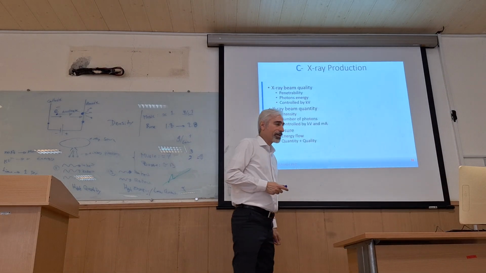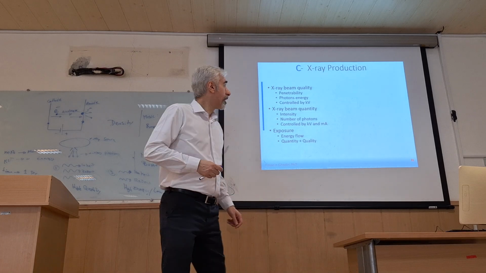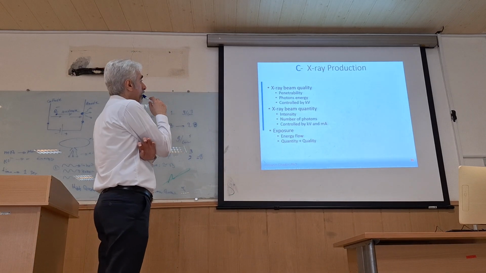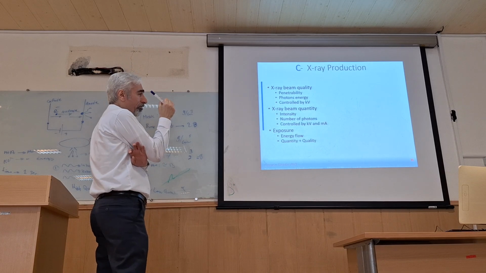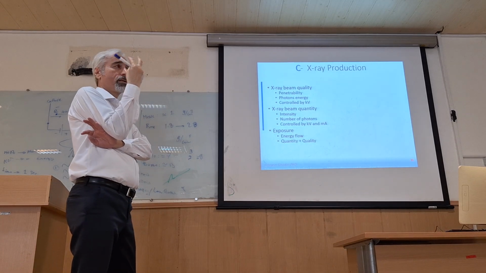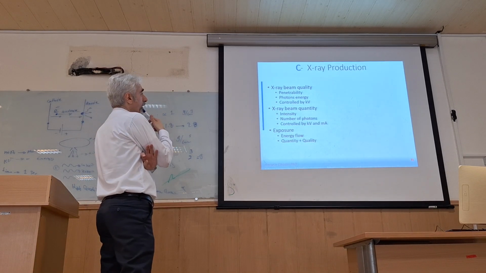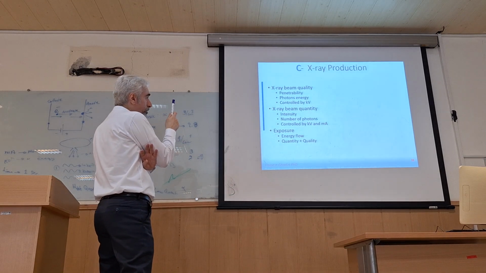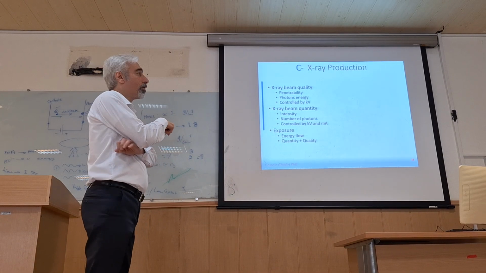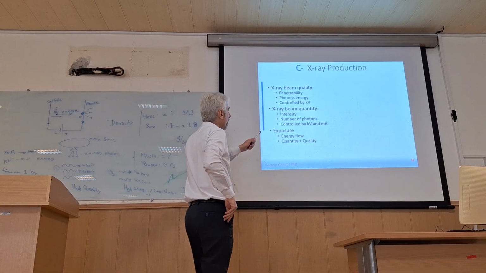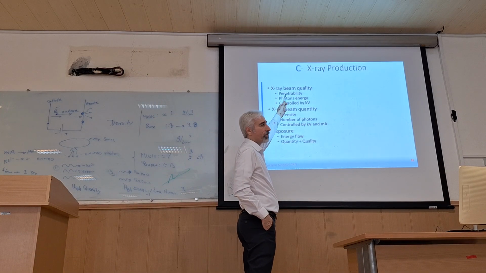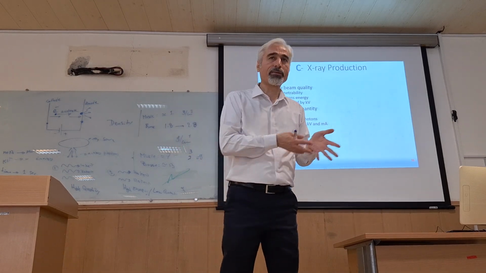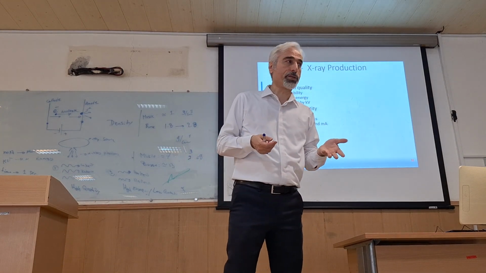And let's sum up the quantities here. So we have three main parameters in X-ray measurement. The first is beam quality. What's the meaning of beam quality? Beam quality is penetratability: how much the X-ray can penetrate the body. It depends on the energy.